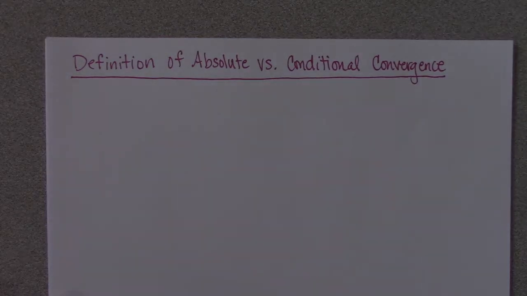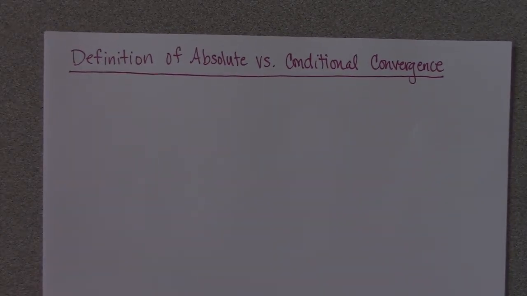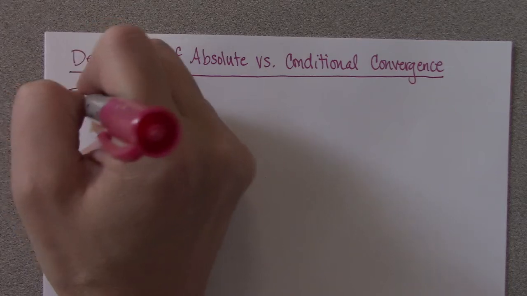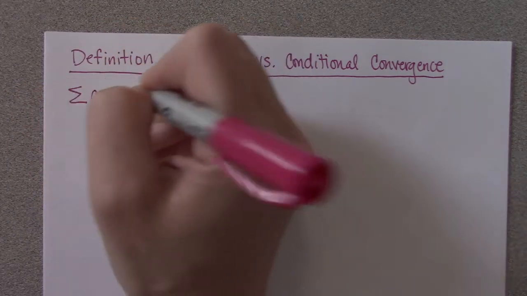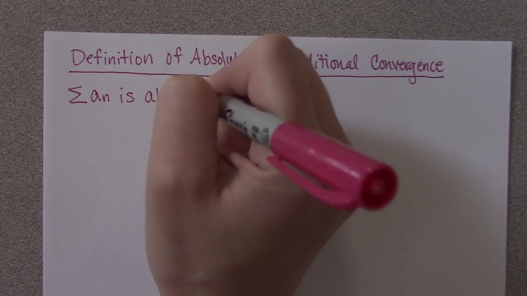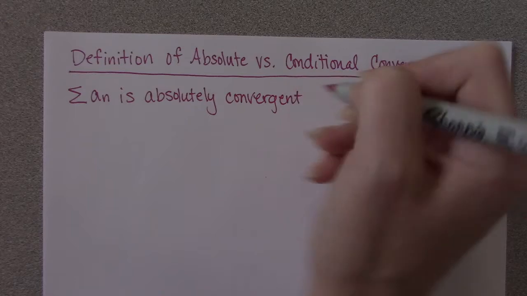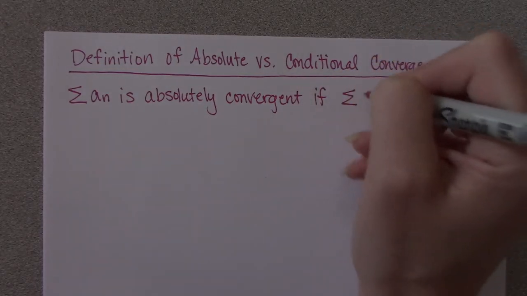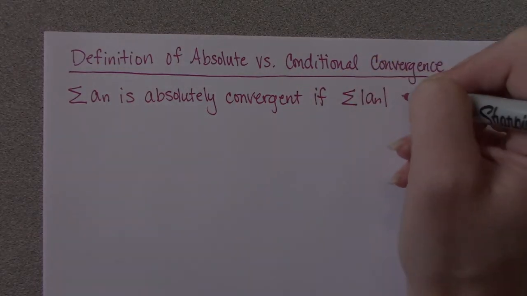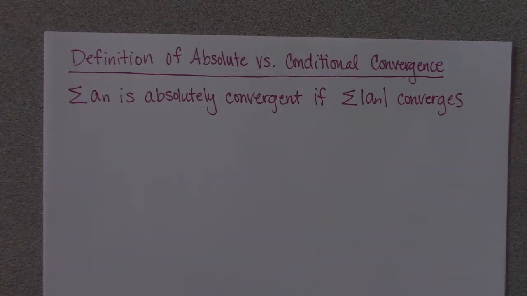So what do we mean by absolute versus conditional convergence? Absolute convergence, we already showed: you take the absolute value, and if it converges, everything converges. So we know that a series is absolutely convergent if its absolute value converges.